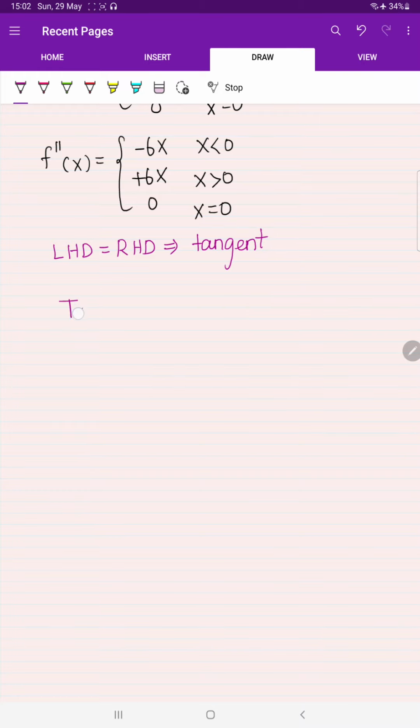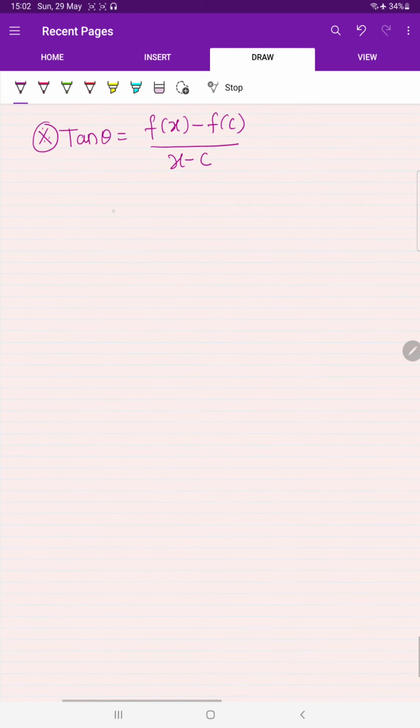Even if you observe, actually I am writing the formula for tan theta only. Whenever I write the function f of x minus f of c upon x minus c, basically this is the tangent curve. If you are observing any graph, suppose see, I am showing you some graph here.